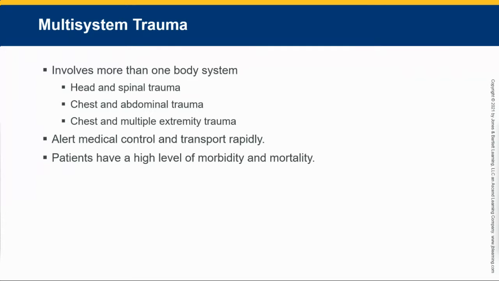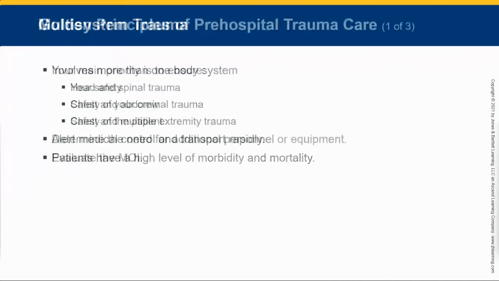In our abdominal cavity, we have major organs like our liver, our spleen, our pancreas, our digestive tract, urinary tract, huge vessels in our body that can be included. So anytime you suspect multi-system trauma, you're going to alert medical control immediately, and we're going to transport as rapidly as possible, because multi-system trauma patients don't have a high level or percentage of survivability.